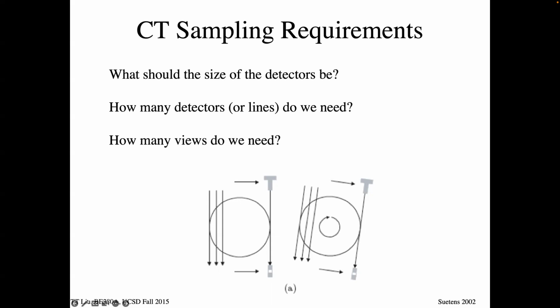Remember the g(l, theta) function, which is our raw data. We can sample in the l direction, so that's along the detector array. That's usually about 1,000 detectors in that row. And we can also sample a variable number of angles.